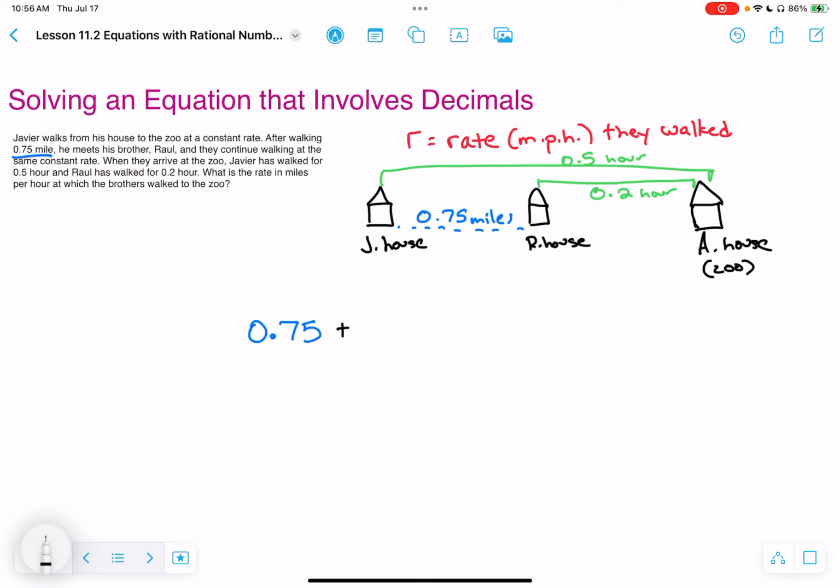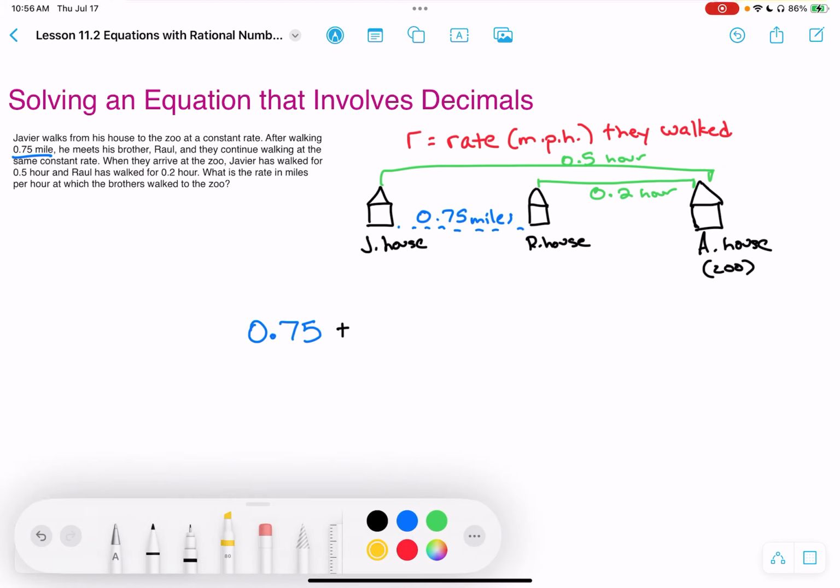How much more did he walk than Raul? Well, Raul walked for 0.2 hours and Javier walked for 0.5 hours. So Javier's entire travel time of 0.5 hours is the same as Raul's 0.2 hours plus 0.75 miles.